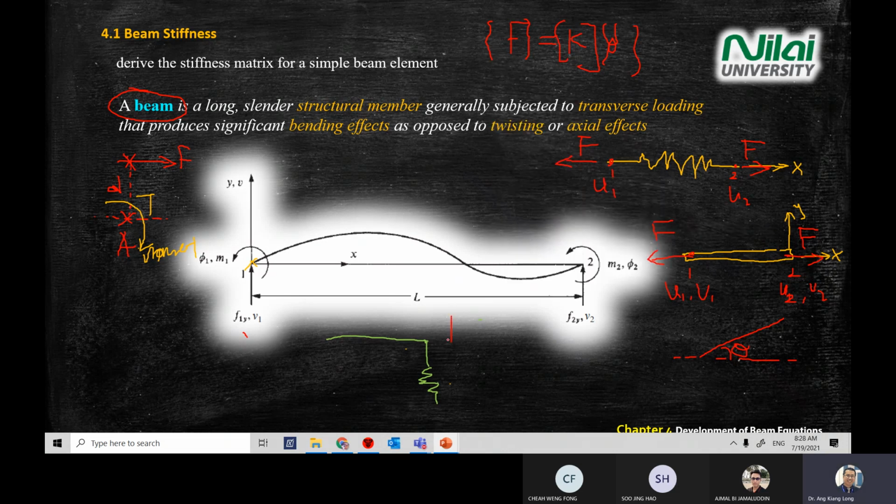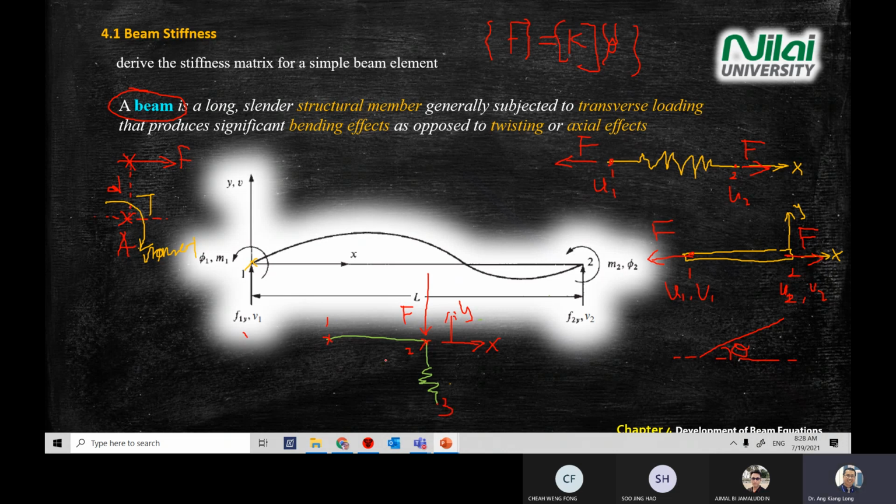Let's say you're given a reference plane, x and y, and an external force like that for a bar and spring system. So you're having point 1, point 2, point 3.